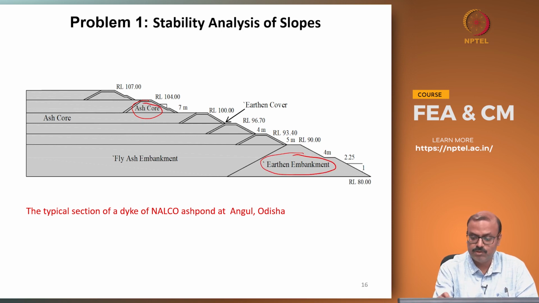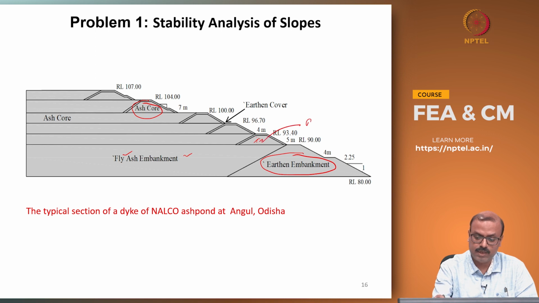This was the actual earthen embankment, the starter dike as we call it, and then we have the fly ash getting stored in these kinds of areas. As we cross the initial embankment, we need to raise the height of this particular dike. How is it raised? Again, inside we fill up with the ash.